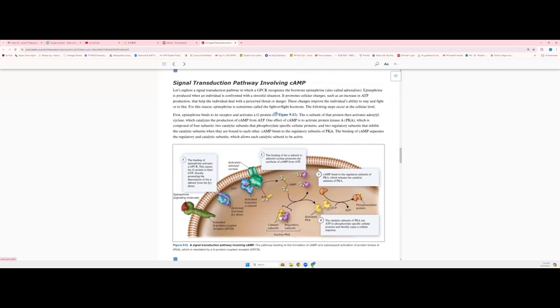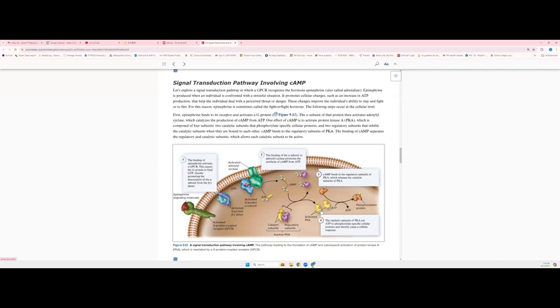It used to have two subunits. One has catalytic function, another one has regulatory function. After the cAMP binds to this purple one, this yellow one, called the catalytic subunit, will be released.